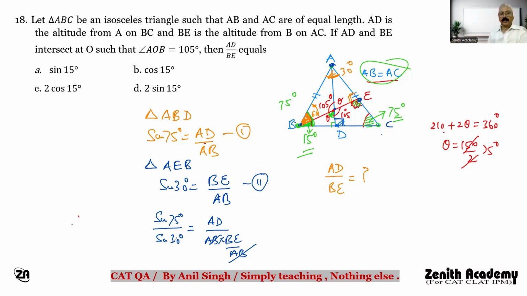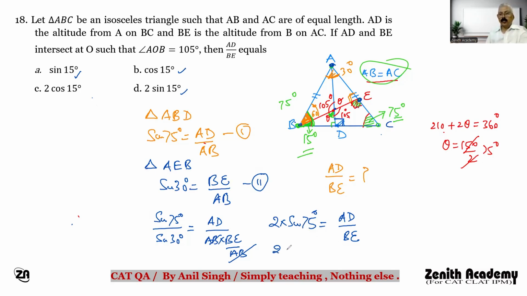Sine 30 is 1 by 2. So it is like 2 into sine 75 degree, AD upon BE. Now see the choices. Sine 15, cos 15, sine 75 is not given. Okay, no problem.